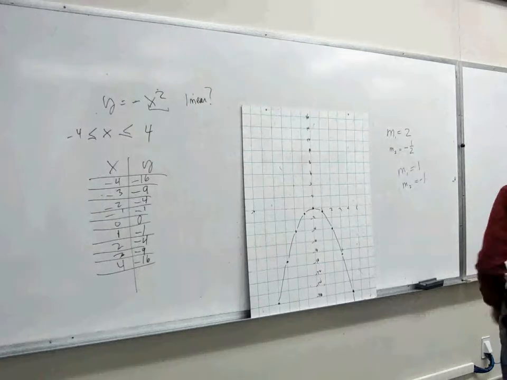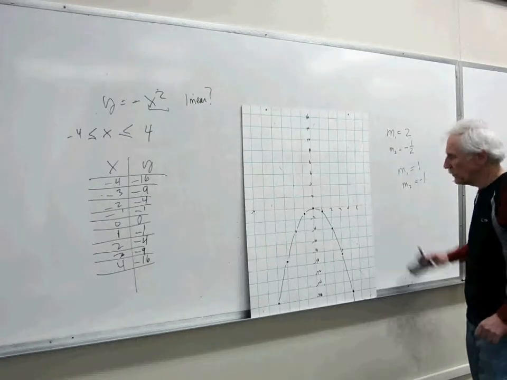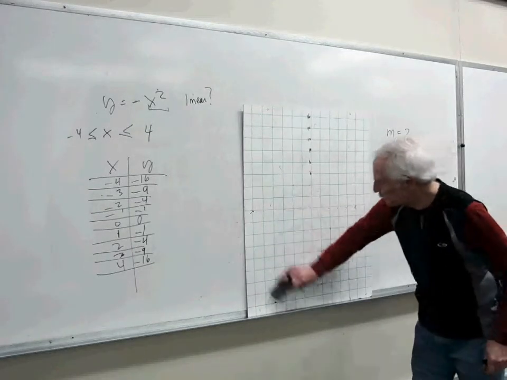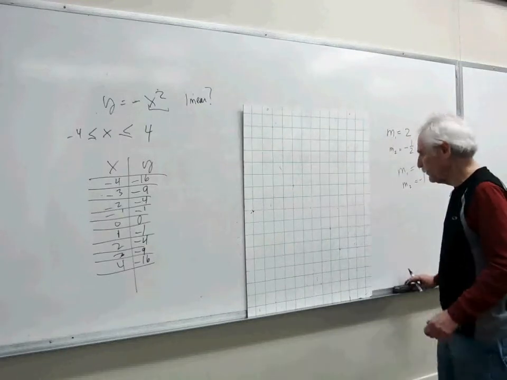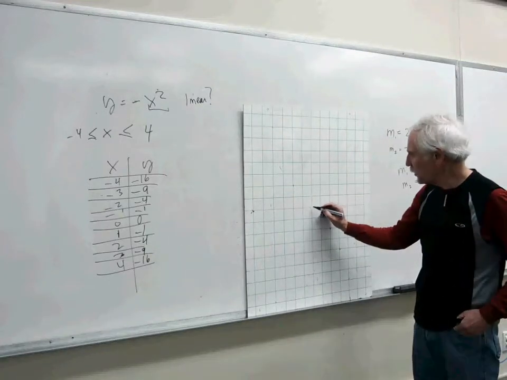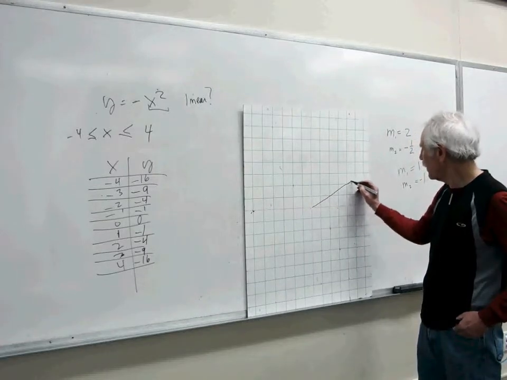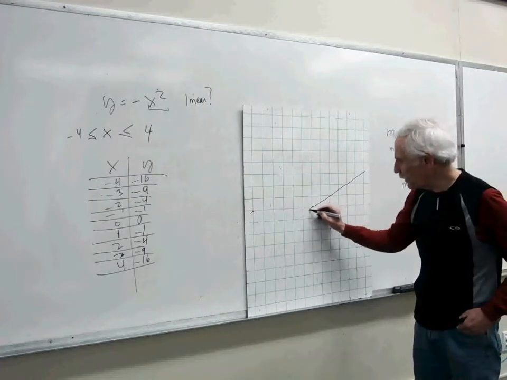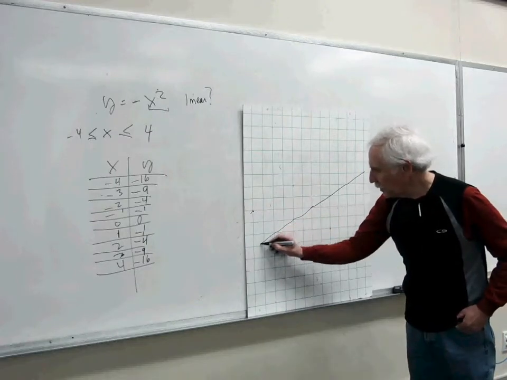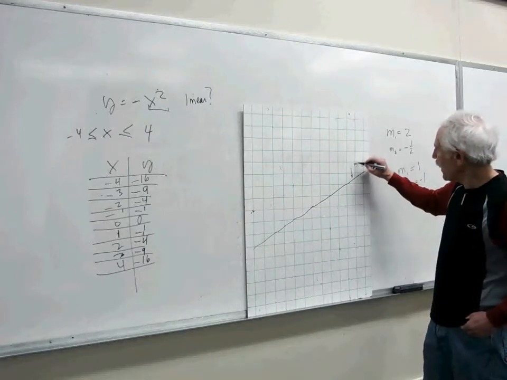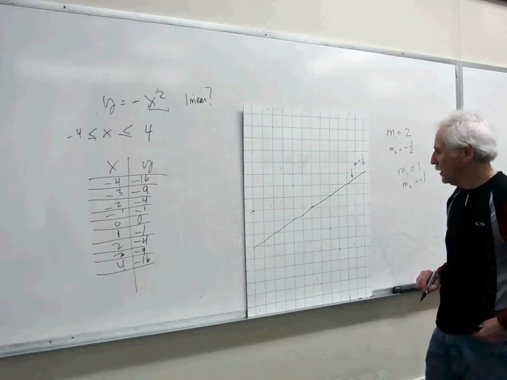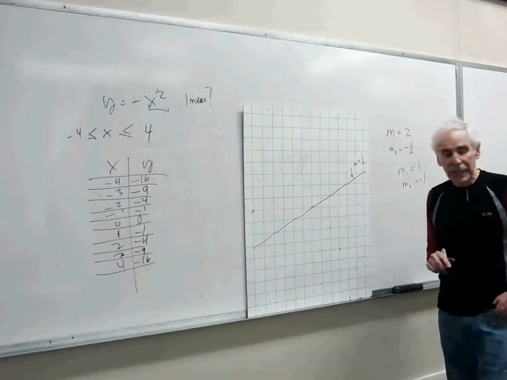For example, think about this. Let's draw some slopes. I'm going to make this slope 1/2. That's what 1/2 looks like. That's m equals 1/2. Let's look at the negative of that slope.